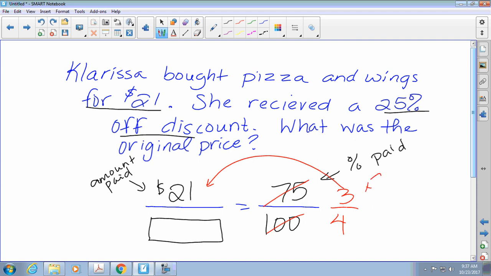And if we do the same thing, 4 times 7 is? $28. Very good. So that means that she received, what was her discount amount then? What was her discount amount, Will? Her discount amount was $7. $7, yeah, very good. Because her original price was $28. She received a $7 discount, and she ended up paying $21.